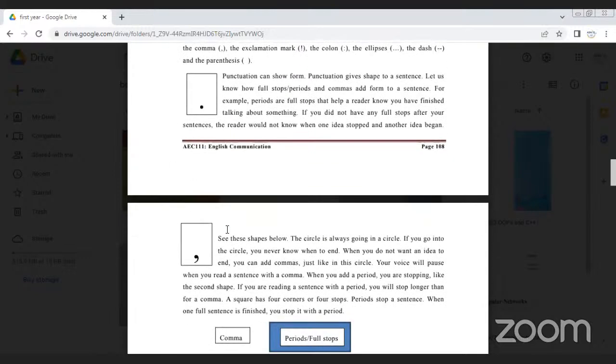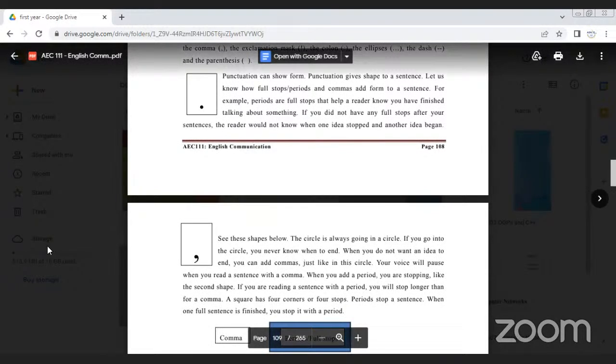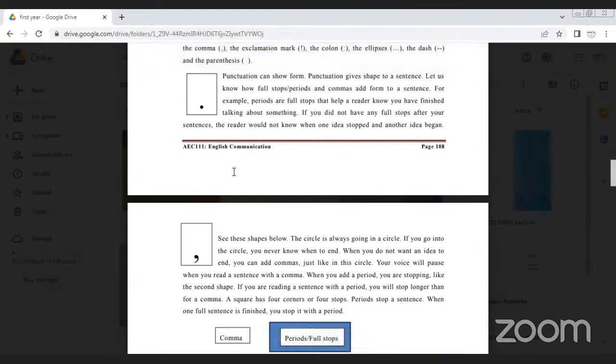Let's see the first punctuation mark, the full stop. Punctuation can show form. Punctuation gives shape to a sentence. Let us see how full stops and commas add form to a sentence. Periods, or full stops, help a reader know you have finished talking about something.